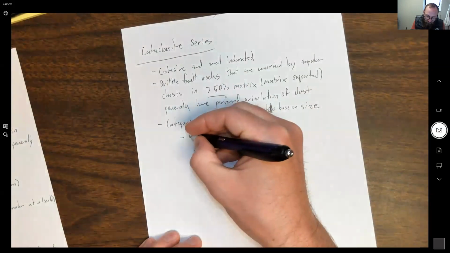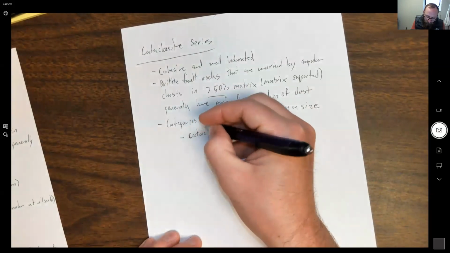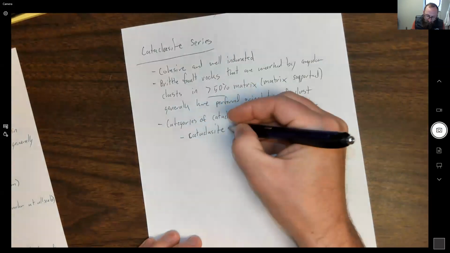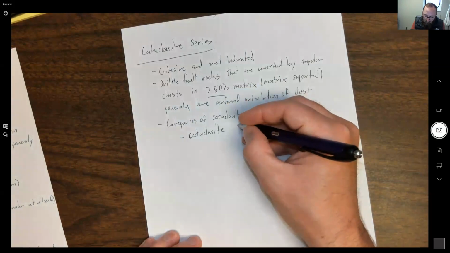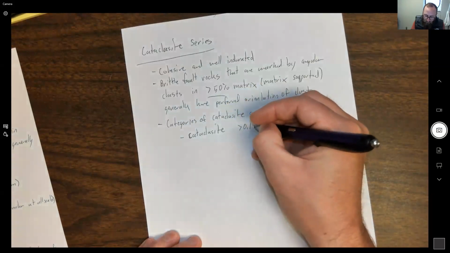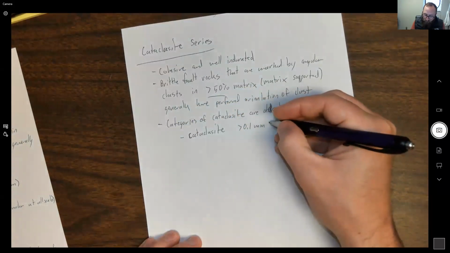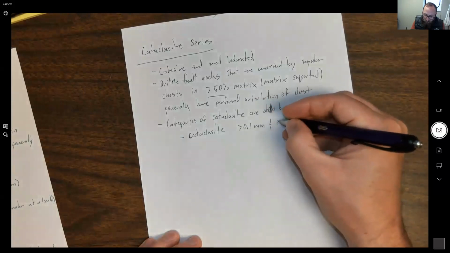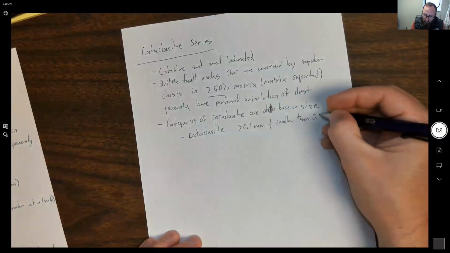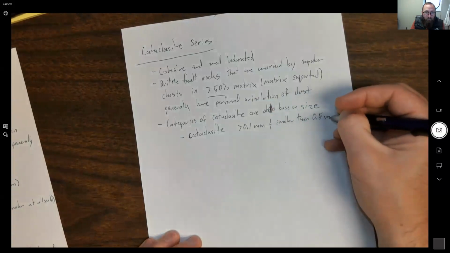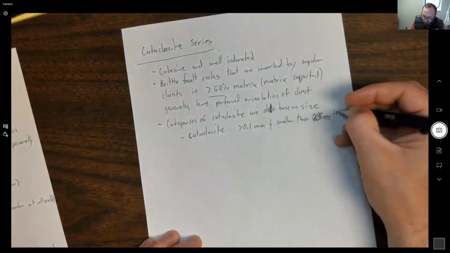We have just simple cataclasite, in which our clasts are greater than 0.1 millimeter and smaller than 10 millimeters.